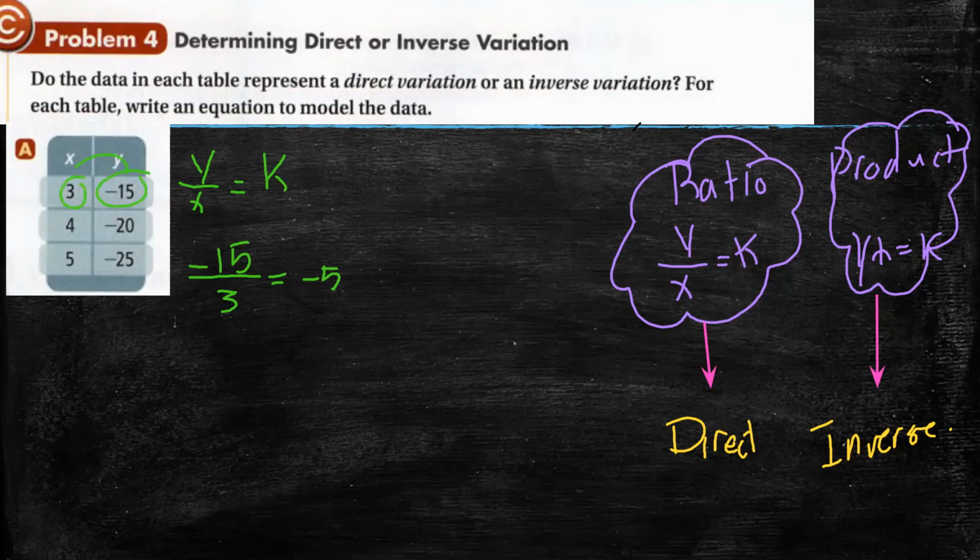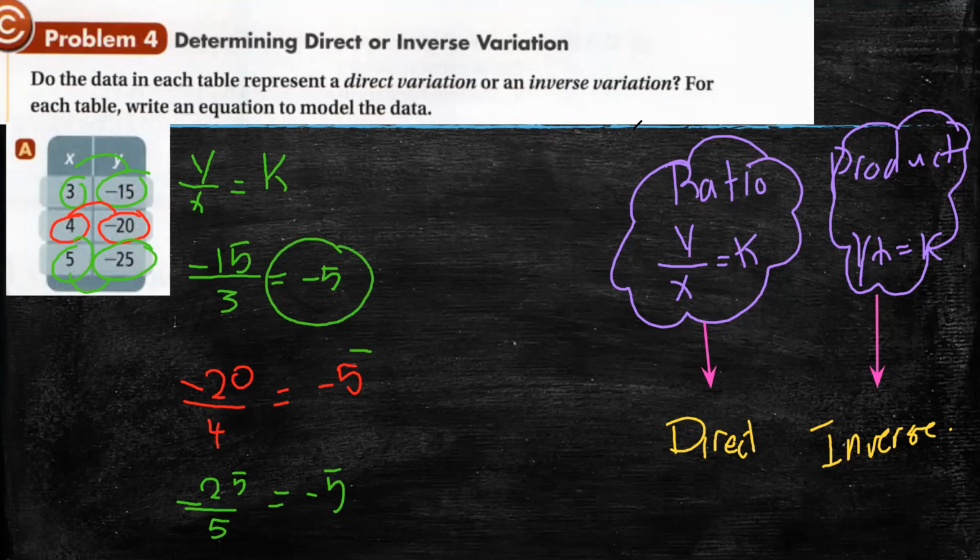Let's check the second one: negative 20 over 4, which is negative 5. And also negative 25 over 5. Now what do you see here? We see that k is the same. The k is constant. Is it right?